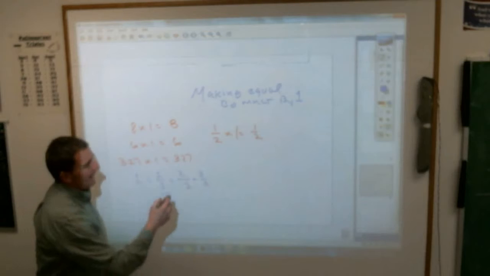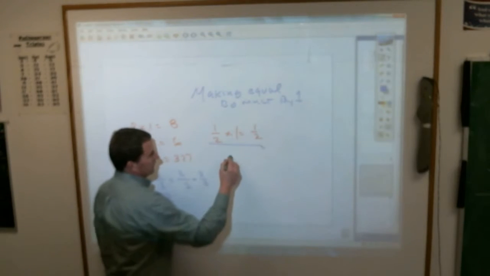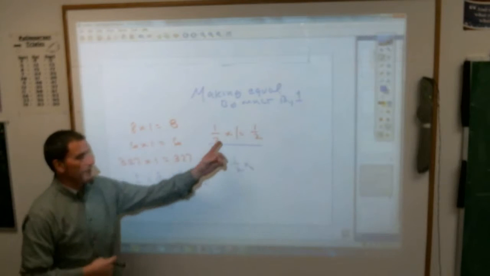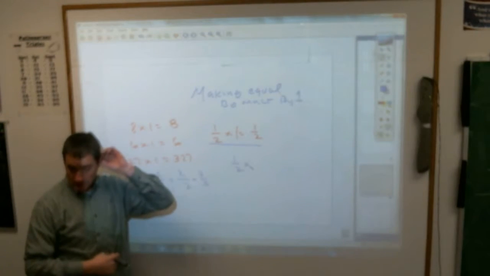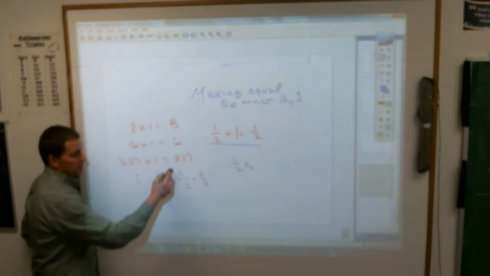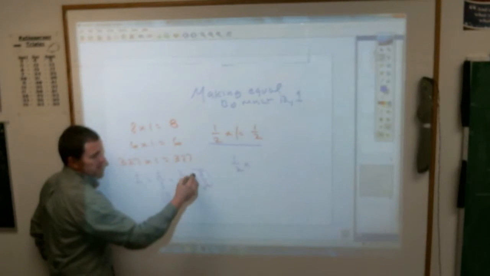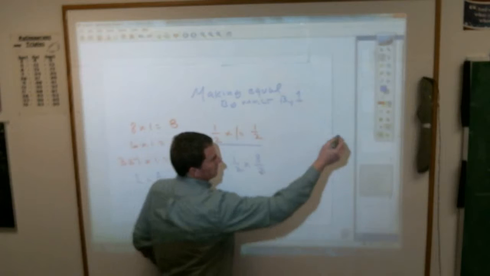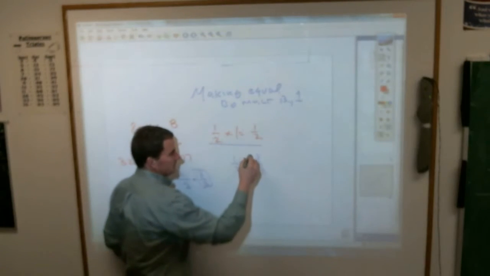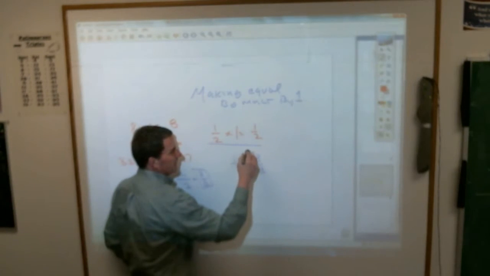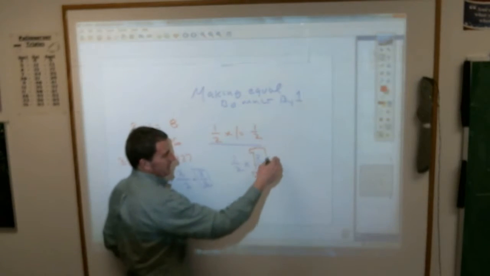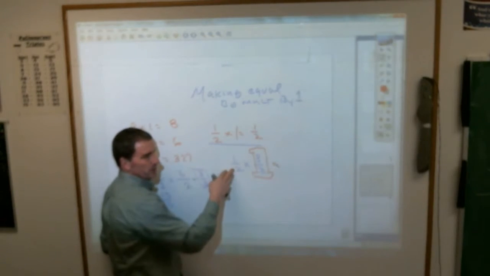So if I take what I started with over here and I have 1/2, and instead of multiplying it by the number 1, I multiply it by any fraction that equals 1, let's say I pick 3/3, because 3/3 is the same exact thing as the number 1, the answer I get is going to be the same as 1/2.